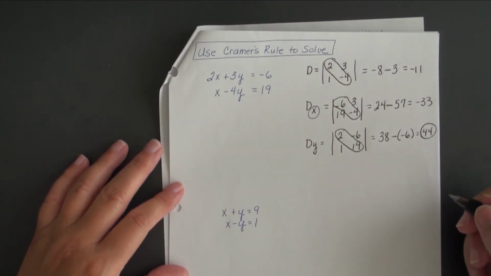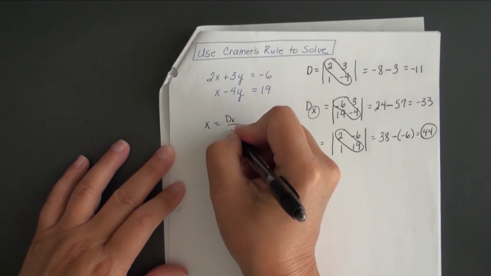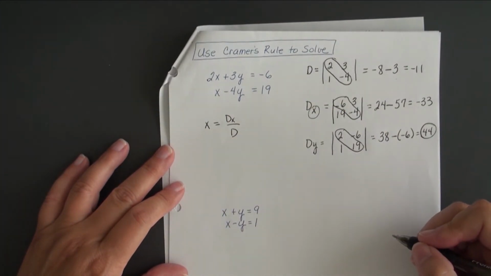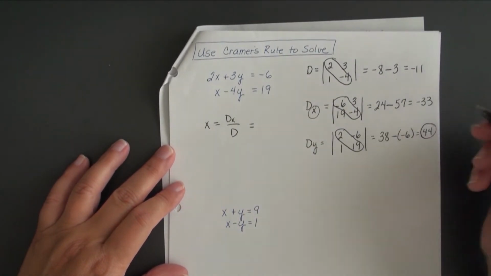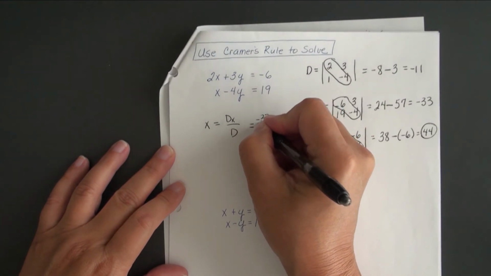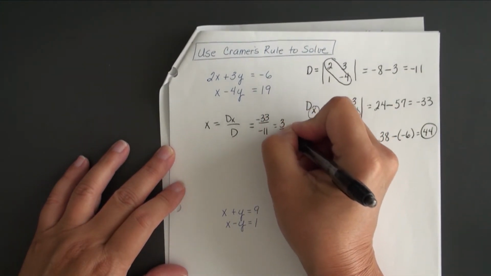So now we are ready to find our solution. X is always equal to Dx divided by D. Therefore, x will equal -33 divided by -11, which equals 3.